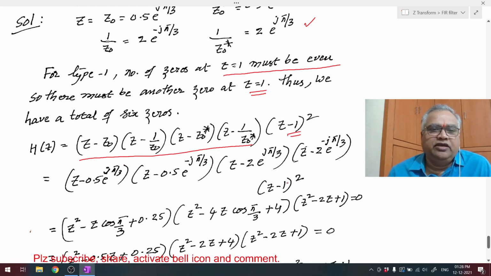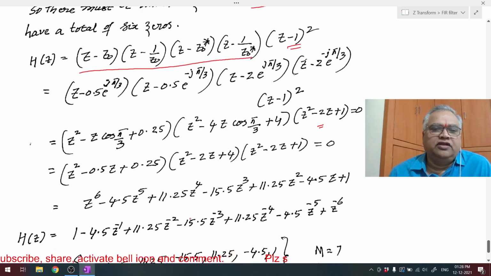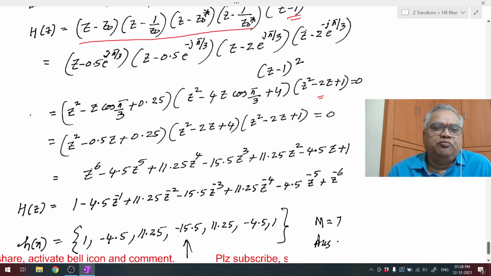Just multiply and spend some time to verify all these numericals. This product will give a second order, this product will give second order, z minus 1 square will give second order. So carefully simplify. Finally, you will get a z power 6 polynomial.